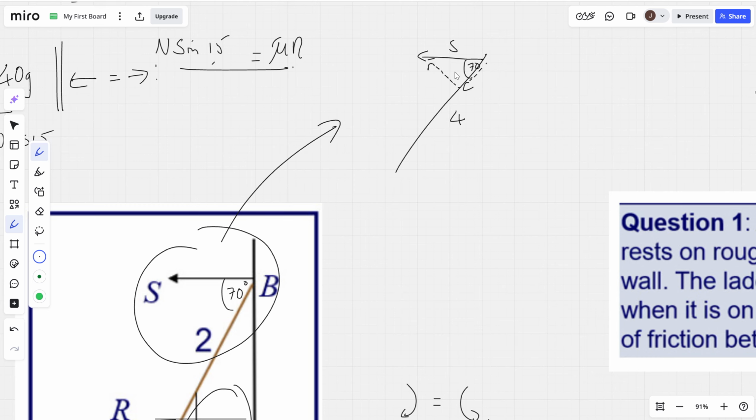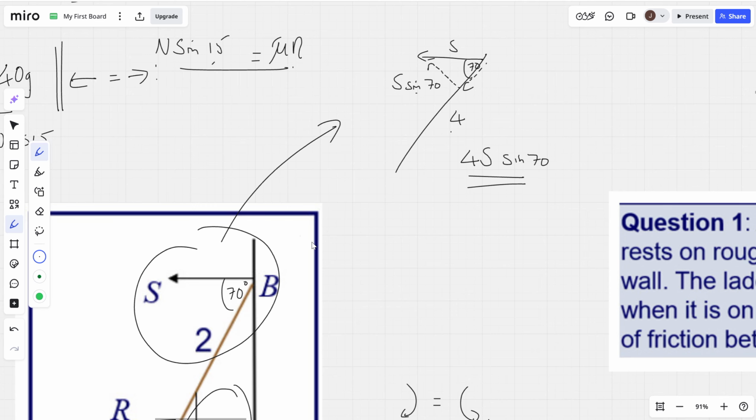So that's sine. So that's going to be S sine 70, and then it's 4, so that's 4S sine 70. That would be the moment. I'll just double check my numbers before we go too far. Yeah. So 4S sine 70. So that's one way you could do it.